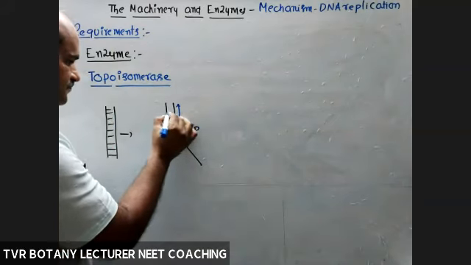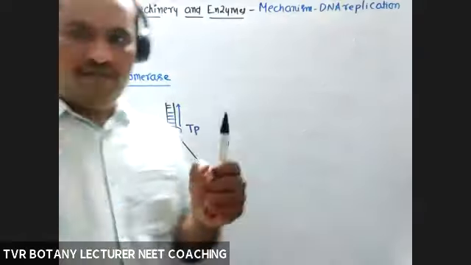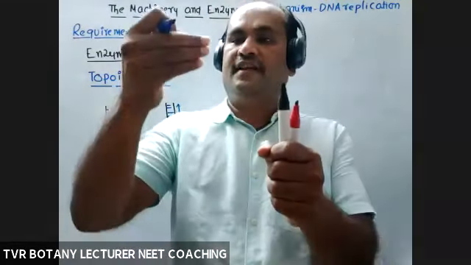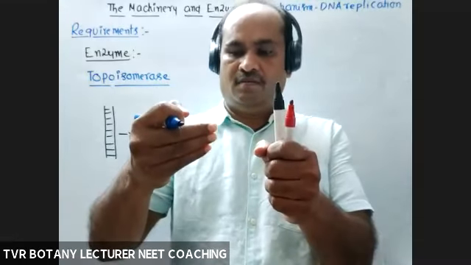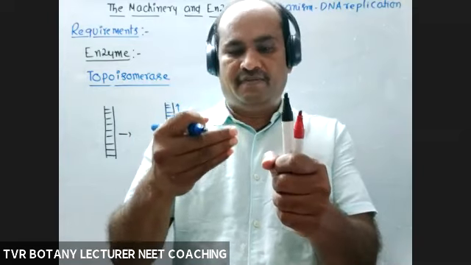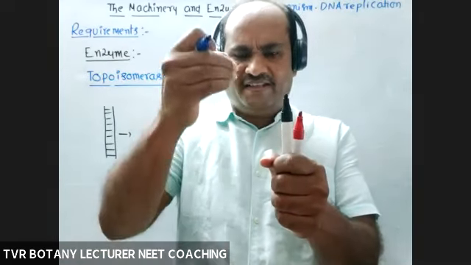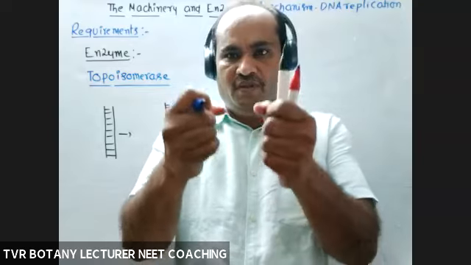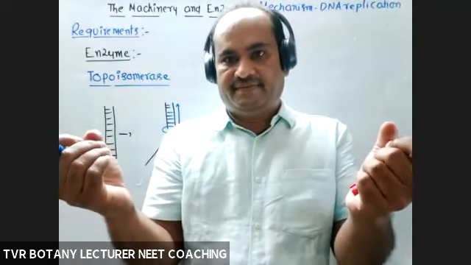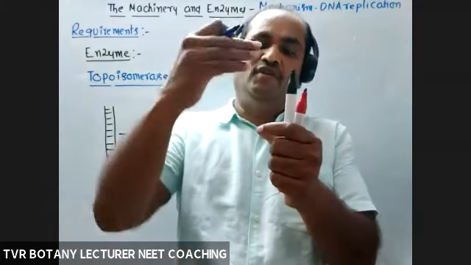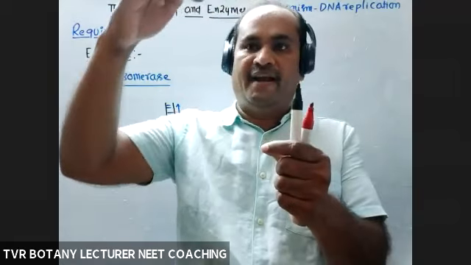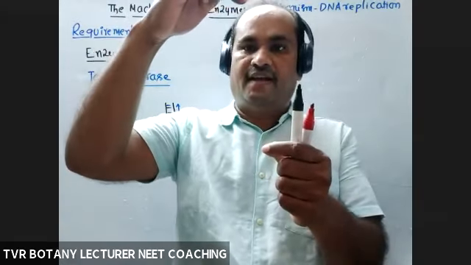For example, a ladder. If all the steps are removed at a time, are you able to hold both the strands? No, they will collapse like this. Okay, and above that, with the help of some rope or rubber band, both the strands of the ladder are covered.